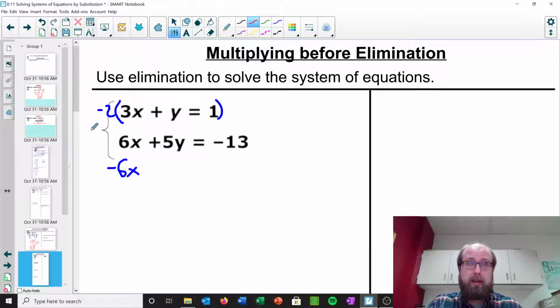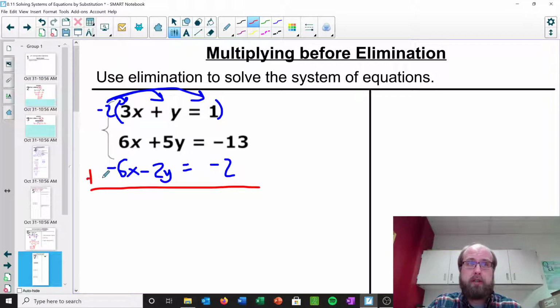All right? Now, when I multiply this by negative 2, we can't just do it to one thing. We have to distribute it to everything in the equation. And so we'll have negative 6x minus 2y equals negative 2. And now, I can take these bottom two equations and add them together. Okay?